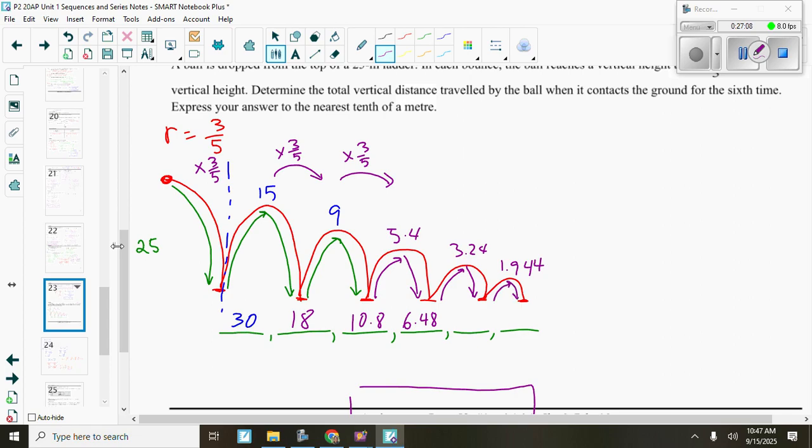We go up, we go down, and the next is 3.88. So this is our term 1, term 2, term 3, term 4, term 5.